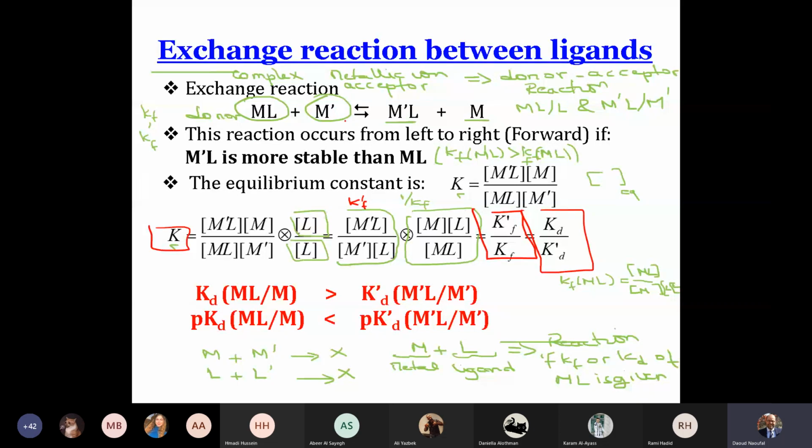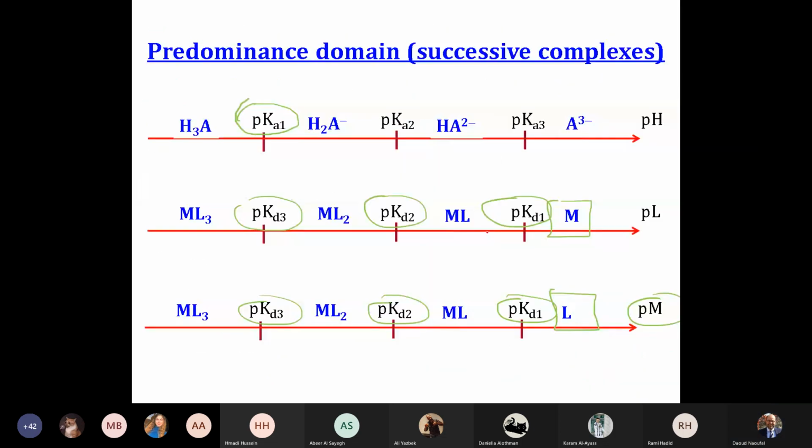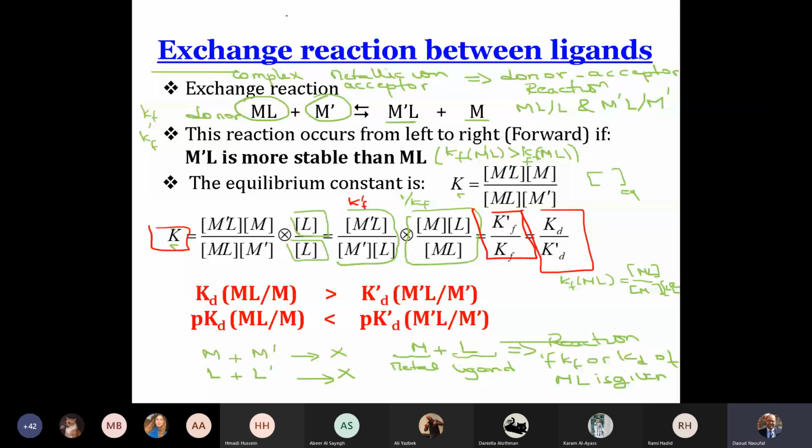I can have another reaction. So M plus L gives ML.